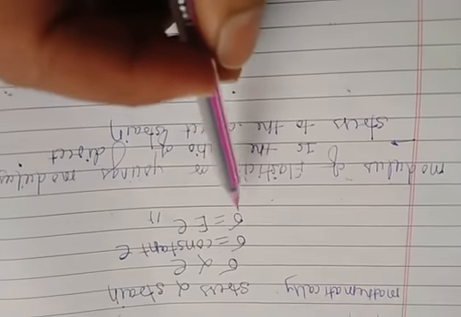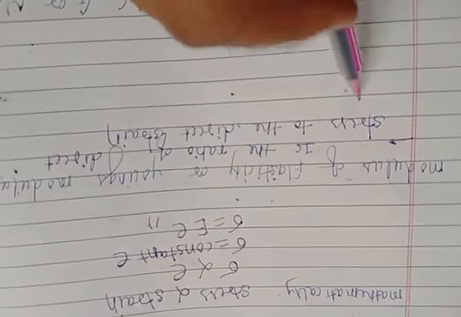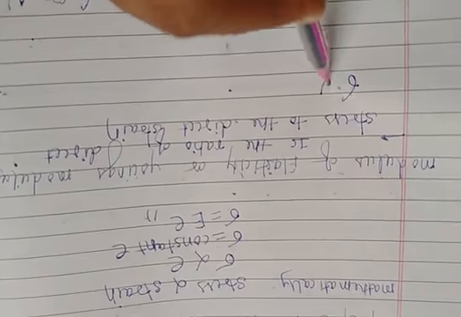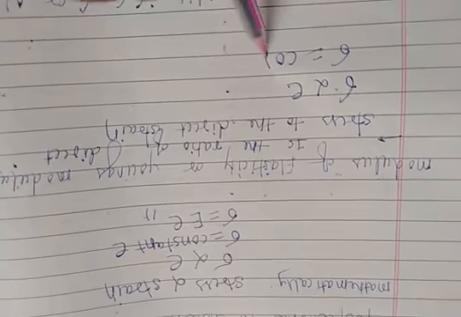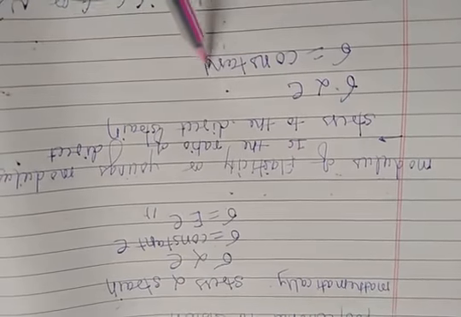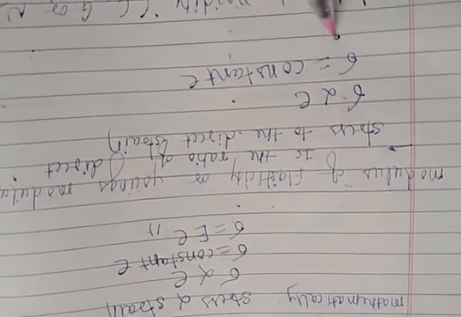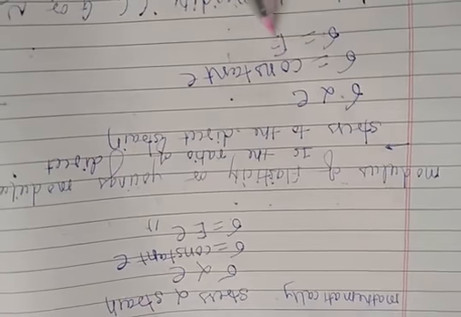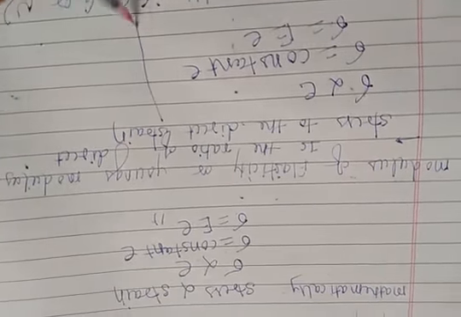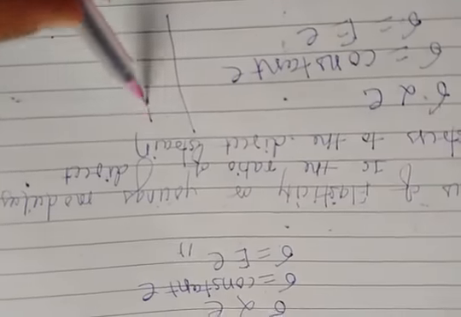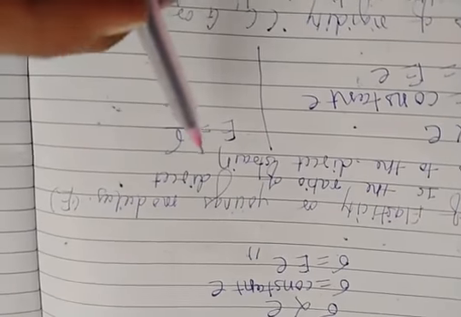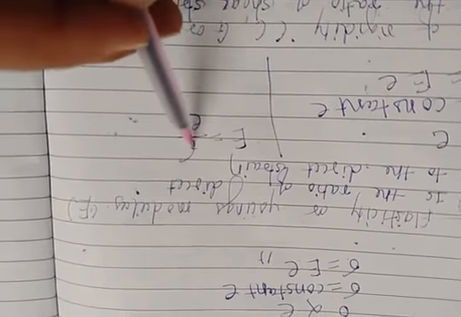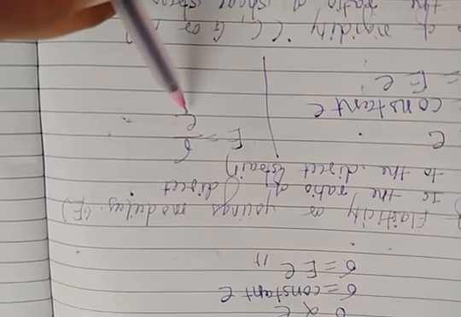We know stress is proportional to the strain, and we take a constant, denoted by capital E. E is calculated as sigma upon strain. This is Young's modulus, or modulus of elasticity: the ratio of direct stress to the direct strain.